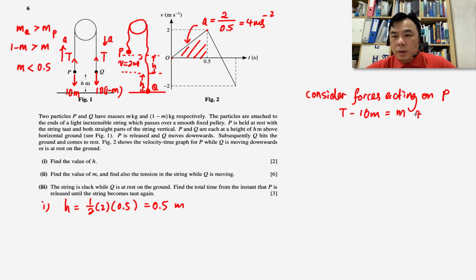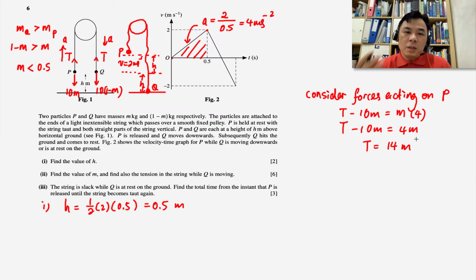A we have already found out, so I'm going to write it down as M4, or you can rewrite as T minus 10M equal to 4M here. We can label it as equation number 1, or in this case we don't have to waste time on that. We just need to solve this, and then the tension is basically just 14M. So the tension is 14M. I'm still going to label this as number 1 because we have not found out the value for M yet.